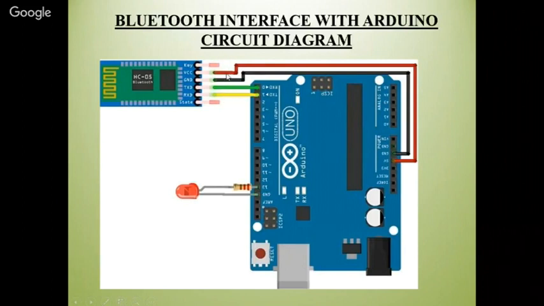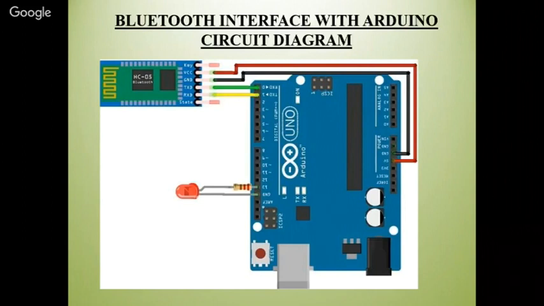You can see four wires, very easy connections. VCC with the 5 volt, ground with the 0 volt, and TX of the Bluetooth with the RX of the Arduino, opposite, and RX of the Bluetooth with the TX of the Arduino. Only this connection you have to make. And when you write in the serial monitor of the Arduino, it will take the values and send them to your mobile, and you can see the real time values.